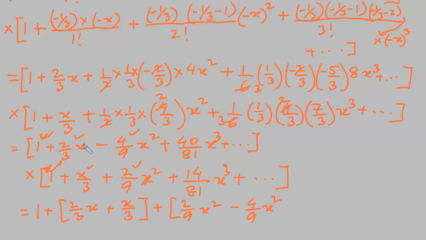Okay. And also these two can get multiplied to give us x square. So 2 plus 2 over 3x times x over 3. So these are the only way that we can come to x square.